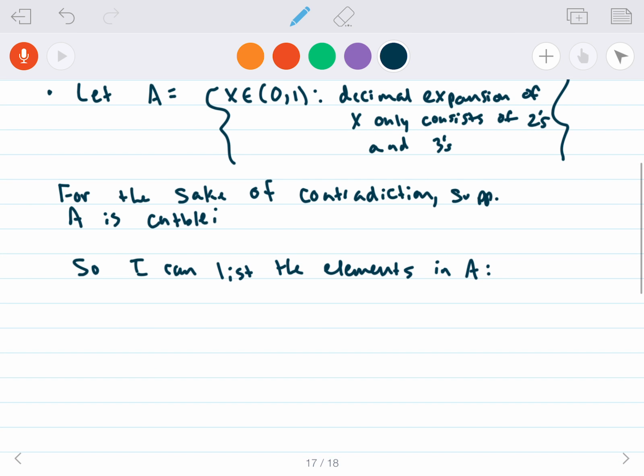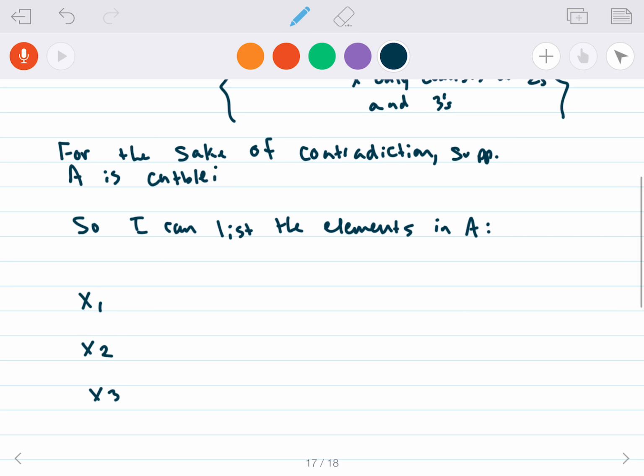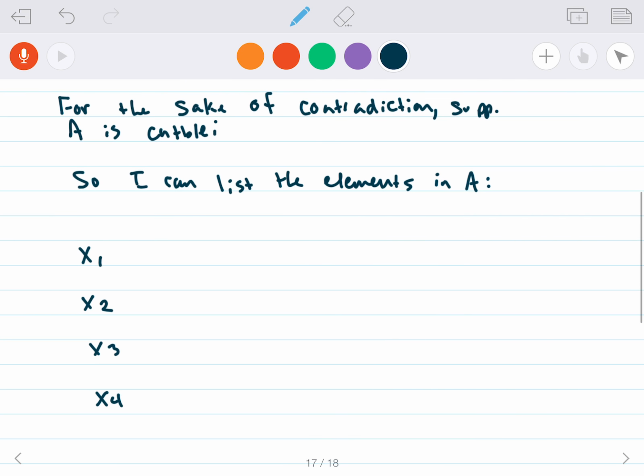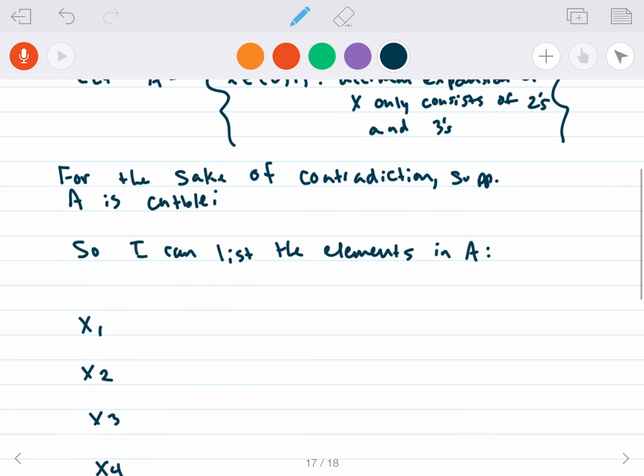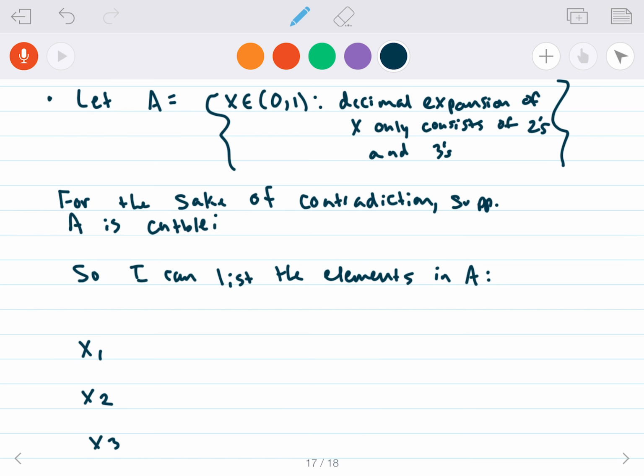So I can say, okay, here's x1, x2, x3, x4, all of these numbers have decimal expansions only consisting of 2s and 3s, and they're between 0 and 1. What could these numbers look like?